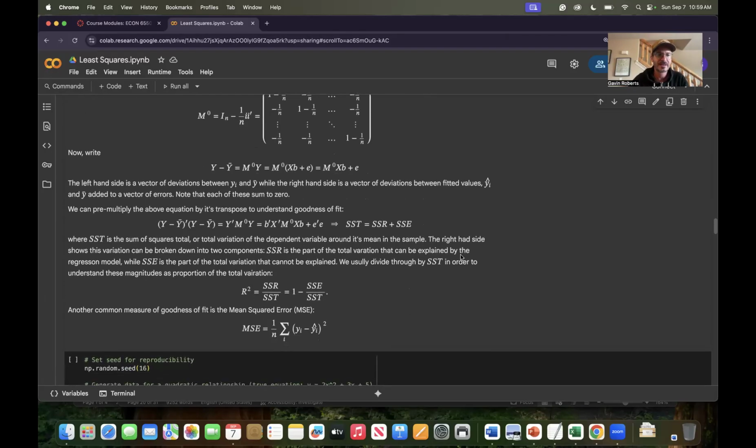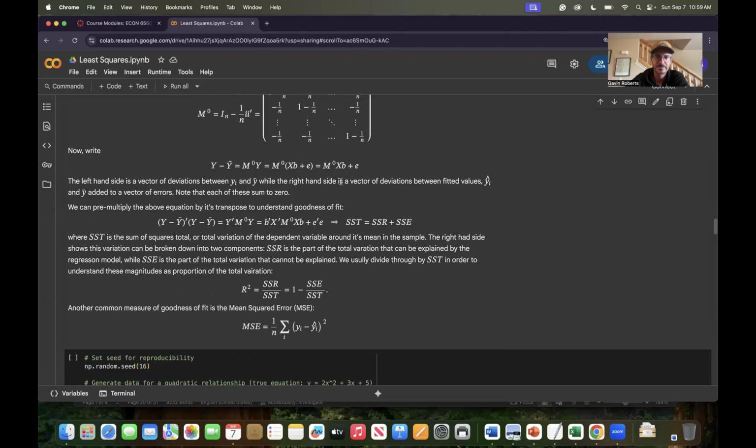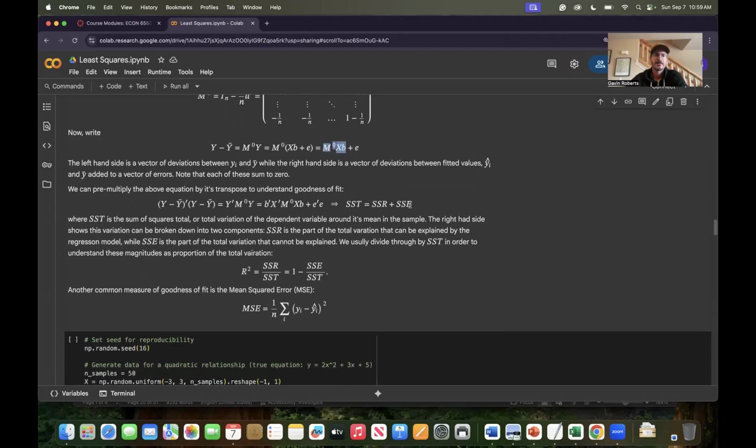So the left-hand side of this vector is the deviations between y and y bar, and the right-hand side is the deviations between the fitted values and y bar. So that's right here, right? These are the fitted values because they also have a mean. Sorry, no, that's in deviation from mean form because I still have the mean right there.